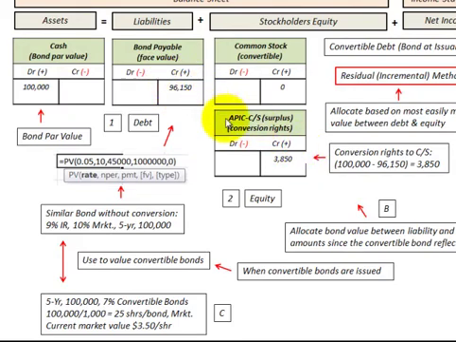The difference here is $3,850. We'd credit our additional paid-in capital for $3,850. So here we assigned the debt portion of our bond liability, and also our equity portion of our bond liability.